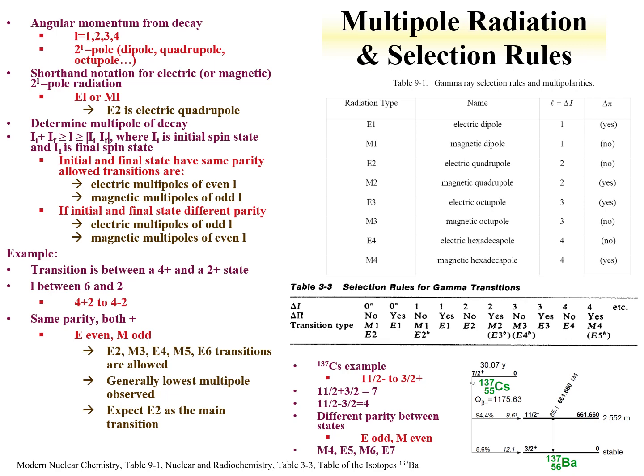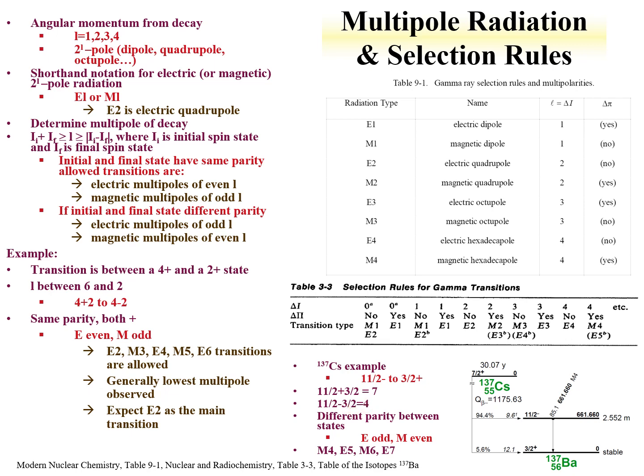Now we can look at another example, cesium-137. We can pull this out of the table of the isotopes. The cesium-137 gamma decay goes from the 11/2 minus state to the 3/2 plus. So 11/2 plus 3/2 is 7, 11/2 minus 3/2 is 4.